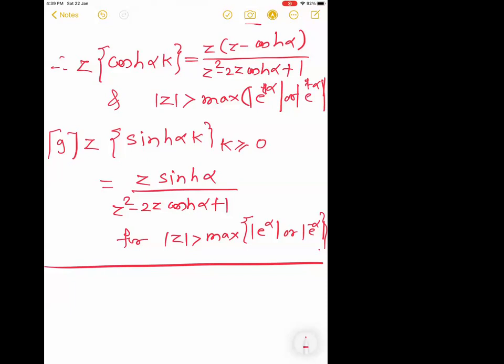So as an example, I'll just take an example for this sine and cosine function also, to show how it can be used in an expression containing trigonometric terms.